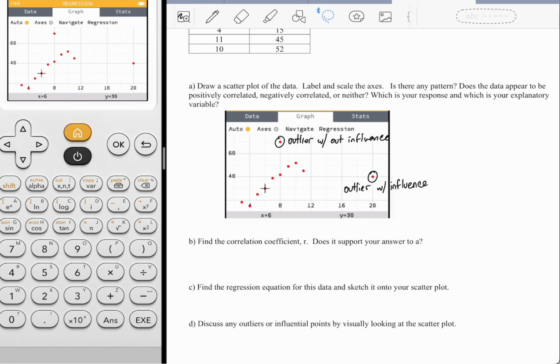It looks like I can get a line through this, sure, but it looks like I can probably get some sort of polynomial through that, right? But either way, it does seem to have a positive relationship. It does seem to be on the upswing, right? So it looks like a positive relationship, and I'm going to say possibly linear.